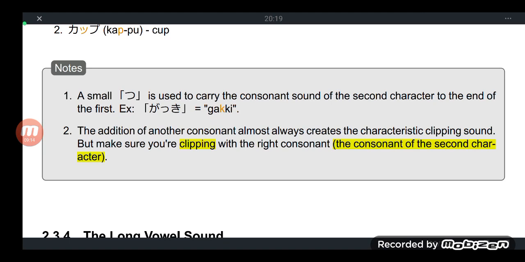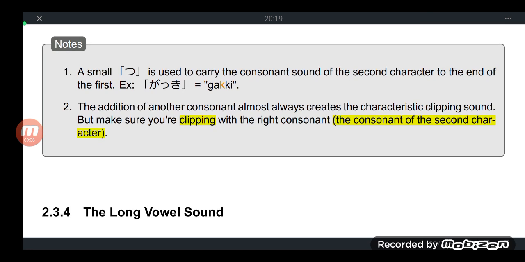So just like here in gaki, it's like a mischievous child, gaki, or small child, gakki. So you can see in the word, we have placed a small chu in between the ga and the ki. So it's not just an ordinary gaki, but gakki.